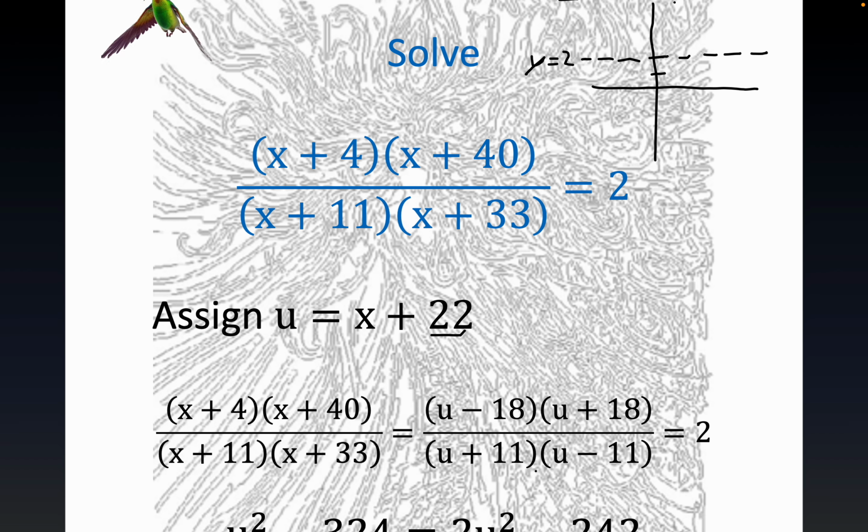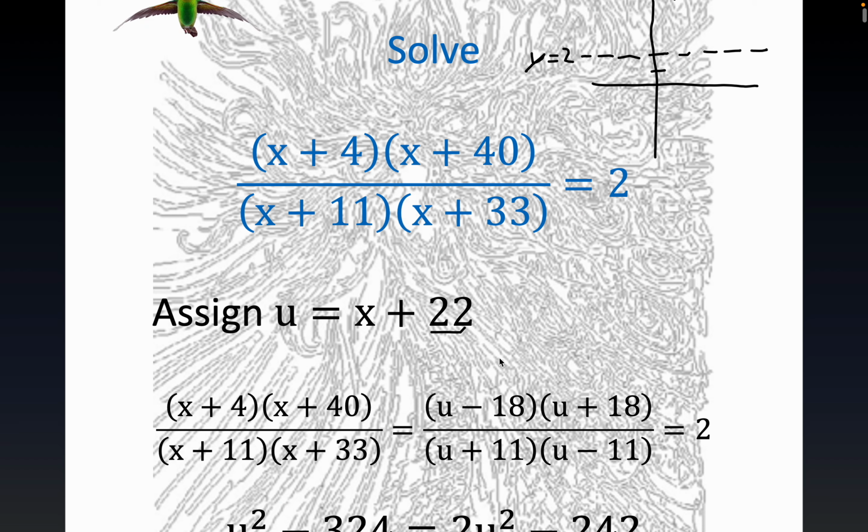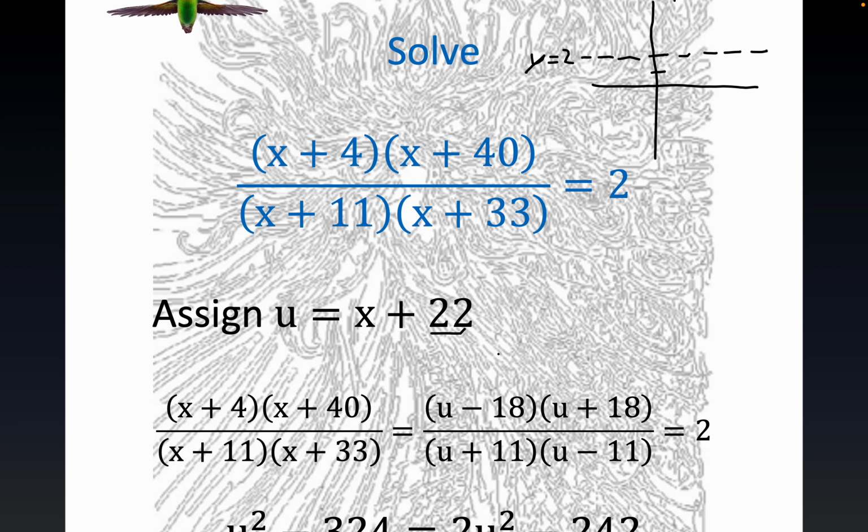Now notice that both of them have u squared terms present, right? So you have u squared minus 324 over u squared minus 121. Just remember all the way back in college algebra, this is a function of u, so we can call it f of u.